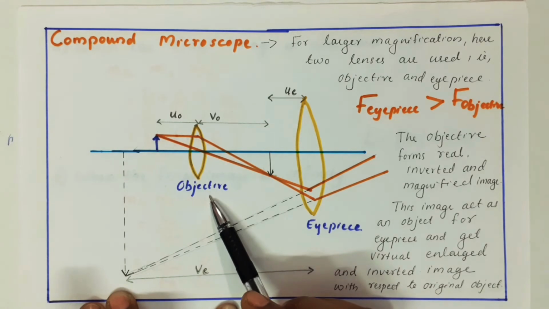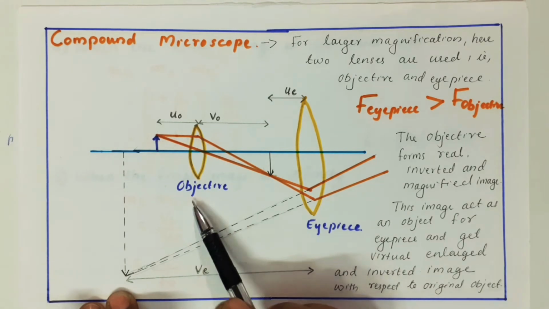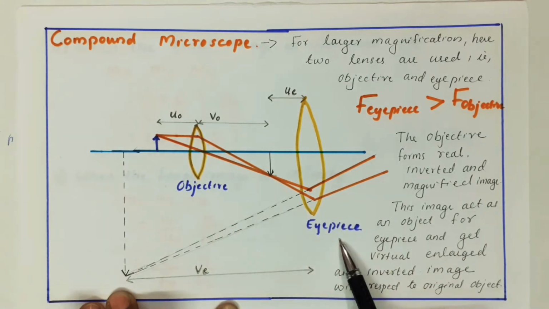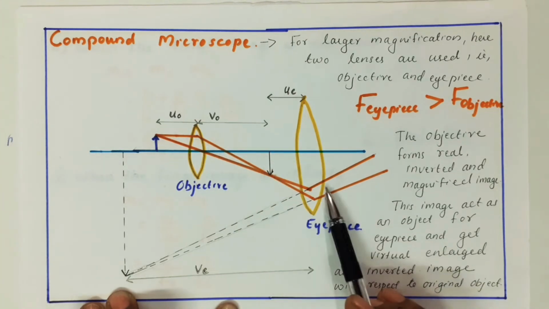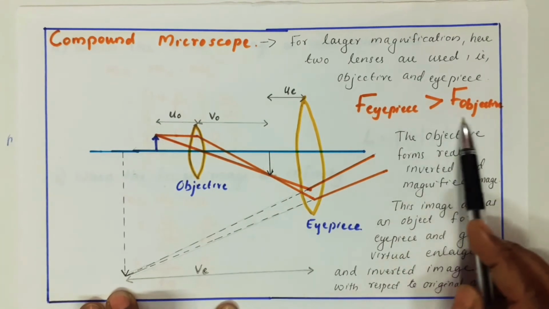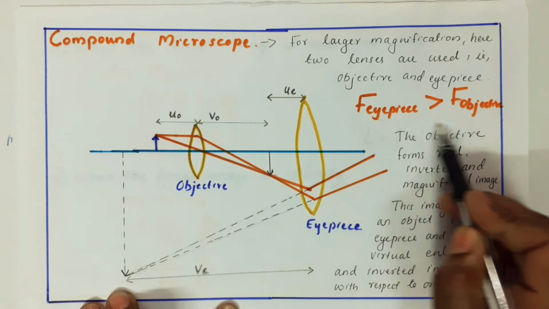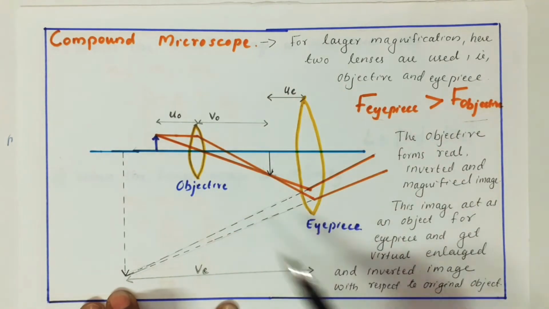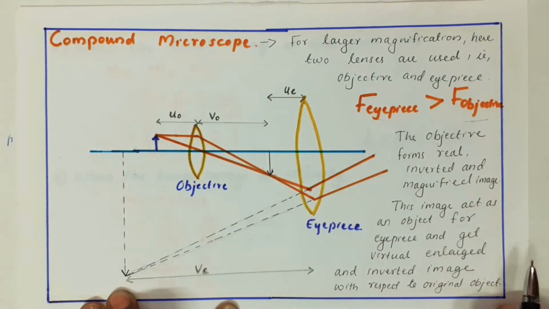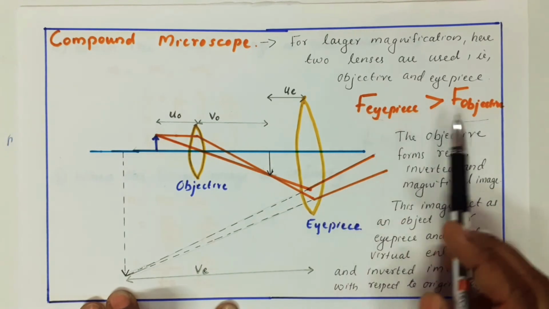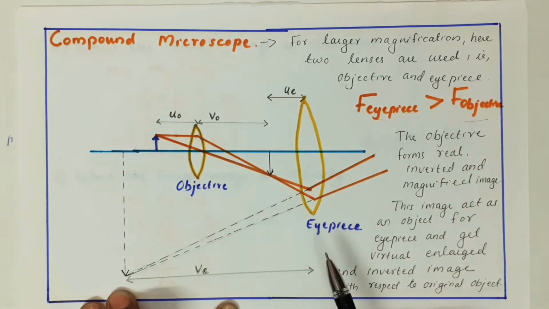For getting larger magnification, we use two lenses. By seeing the diagram, you can understand that the focal length of the eyepiece should be greater than the focal length of the objective for a compound microscope.